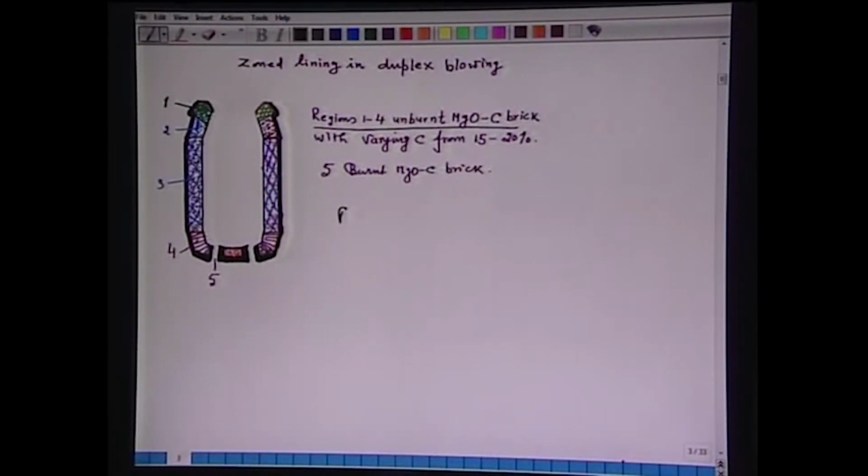Now, the whole idea of putting in the zoned lining is to increase the life of the converter. Wherever the wear is there, its effect is minimized by utilizing a high quality refractory.